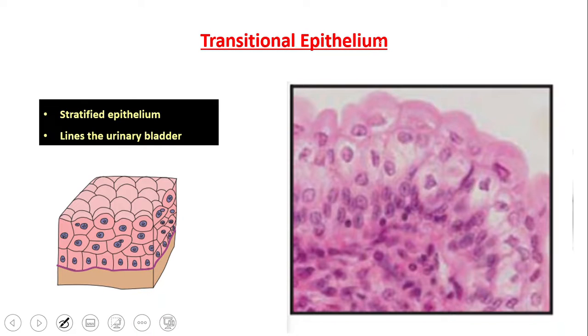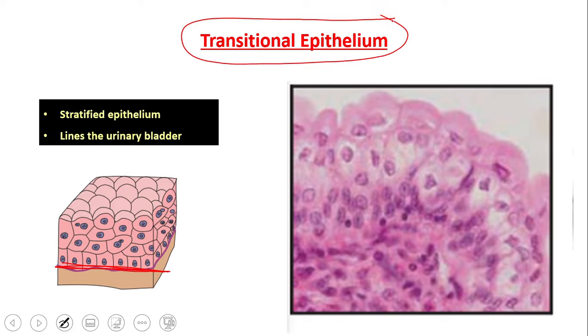Okay, here is another epithelium. So here is the basement membrane. And you can see that there is a variety of cell types. This epithelium is transitional epithelium. Why transitional? Because the top cells change their shape from cuboidal to become squamous.